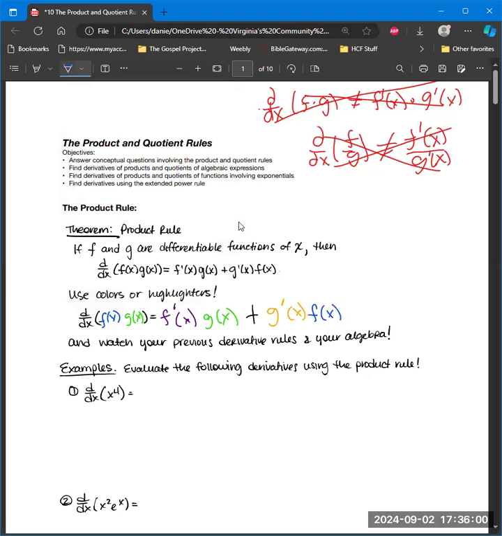Now I prefer to do this with the u's and v's, and you'll see why when we do the chain rule later. So I like to write the derivative with respect to x of u times v is equal to u prime v plus v prime u, like that.